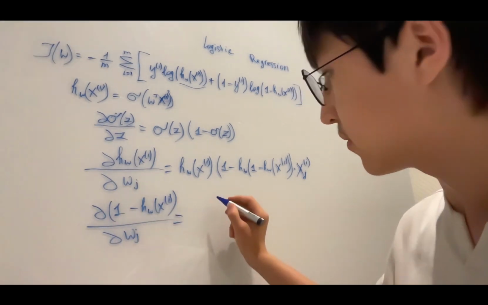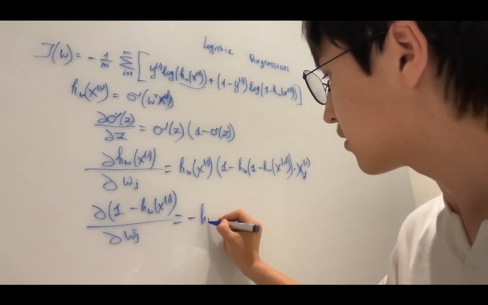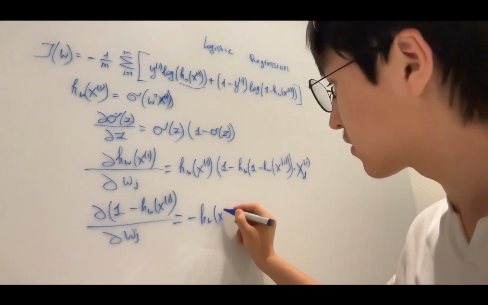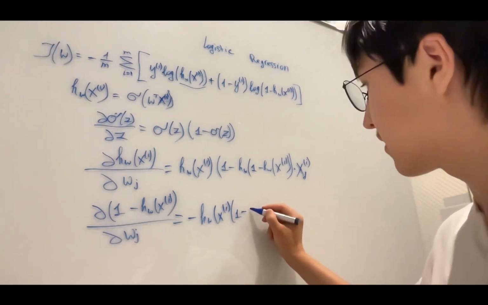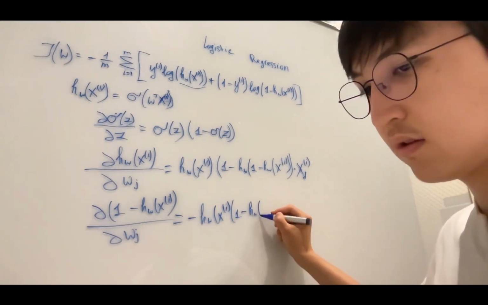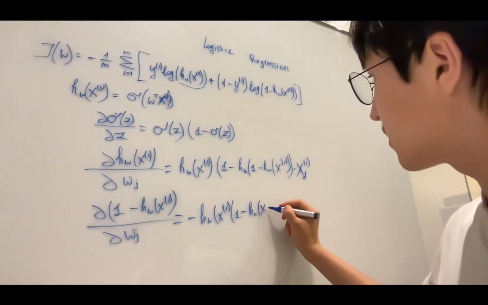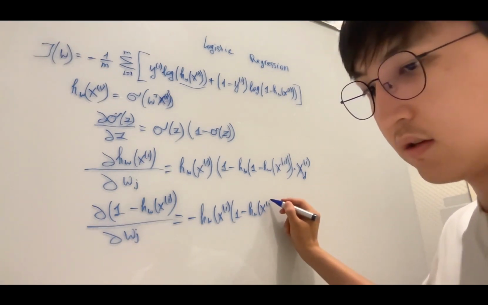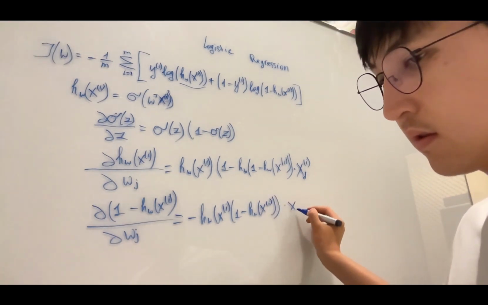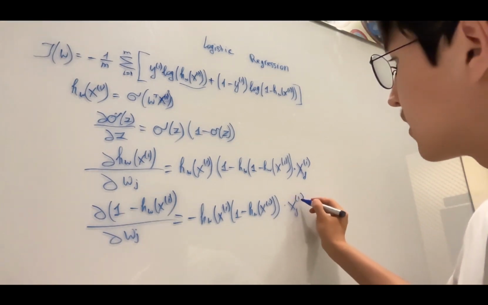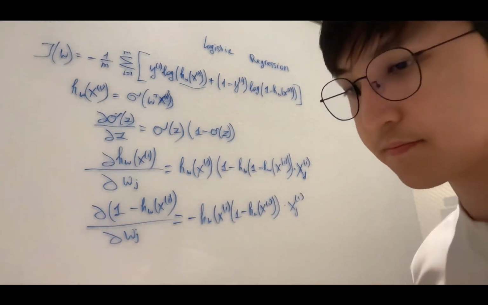It will be equal to minus h_w(x_i) times 1 minus h_w(x_i), then multiplied by x_j^i. It's the same, but with this minus.